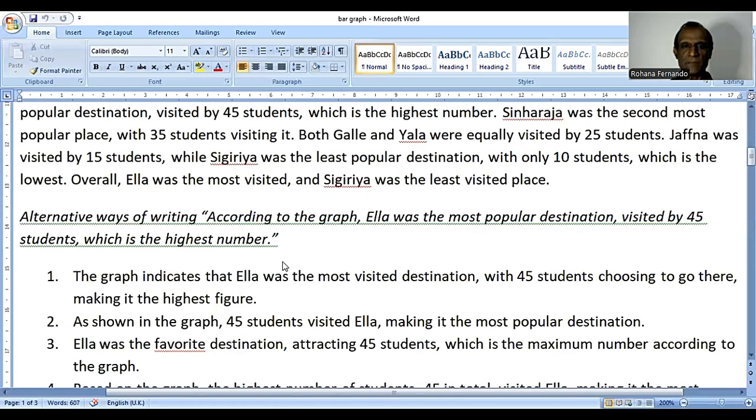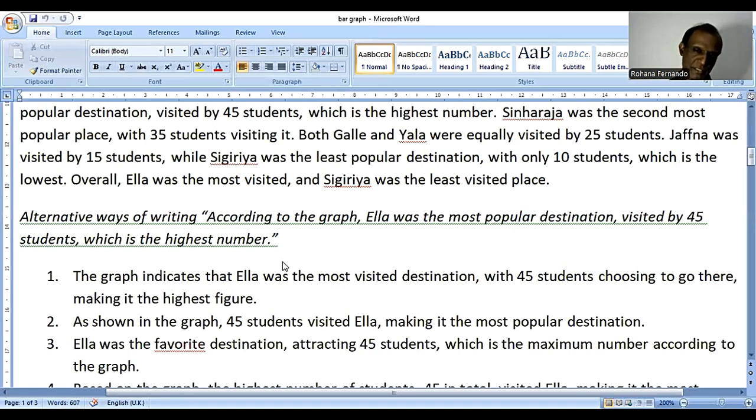Okay, let's see the other ways of writing this sentence or information. First one, the graph indicates that Ella was the most visited destination, with 45 students choosing to go there, making it the highest figure.